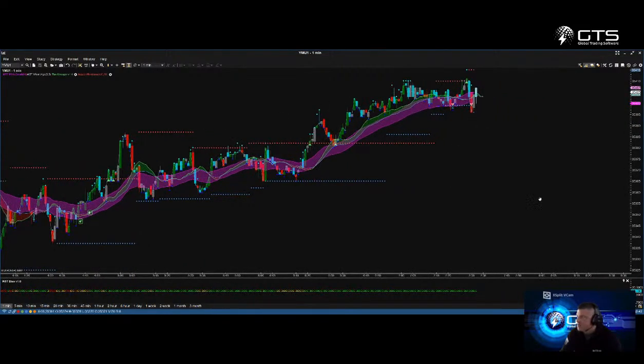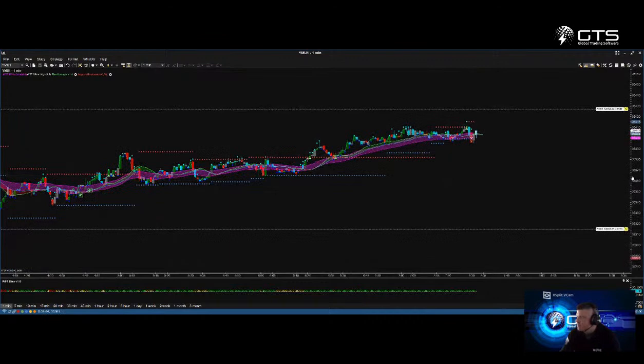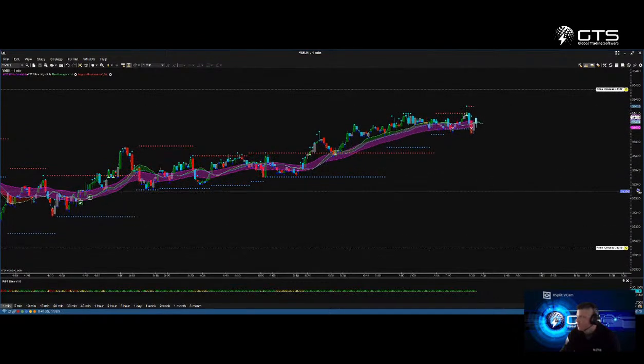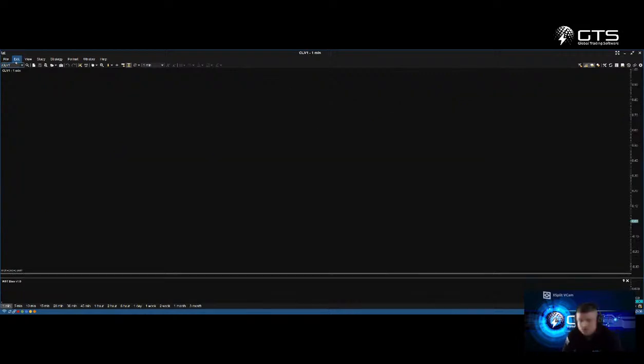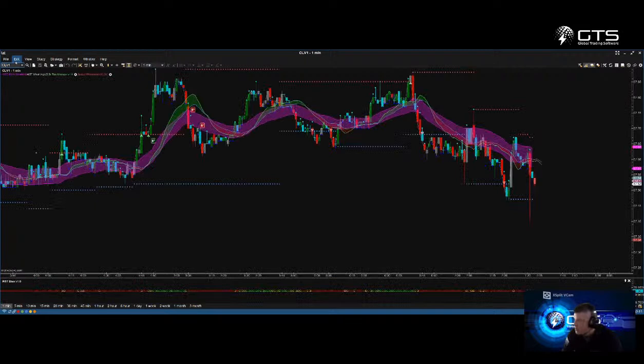I do not have the main support and resistance zones drawn up on this yet, so I'll make sure to do that here in just a few minutes once everything settles down. Got the alert for the high, alert for the break low, and let's see what we can do here. Let's keep an eye on oil until we get a 6-star somewhere else here.